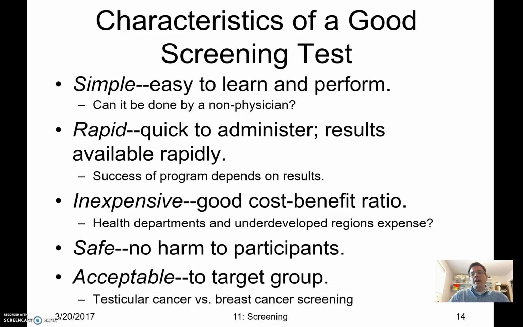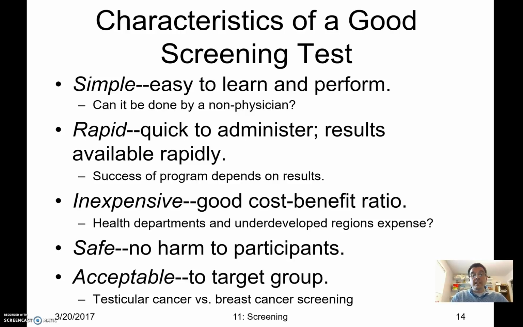For example, you want to have a screening test if you're looking at behavioral disorders where it is not necessary to have a psychologist or a psychiatrist. Can there be a survey that can be implemented? Or a rapid test for an infectious disease? Do we have to have a physician? And the reason why is that if we're trying to look at ways to reduce costs and to do it quickly, it is much more effective if it is simple as well as rapid, where we can quickly administer the test, but also be able to obtain the results rapidly and accurately.